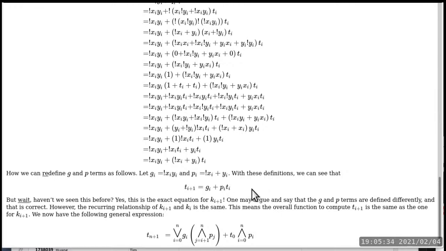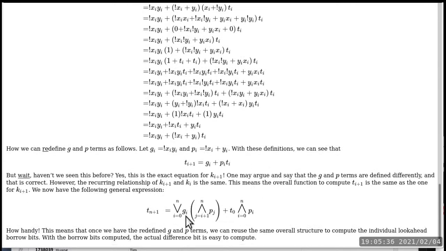So that means the mechanism to generate t of n plus 1 in this case is identical to the mechanism to generate k of n plus 1. The only difference is whether we negate x of I first, when we define g of I and p of I. That is the only difference between addition and subtraction.